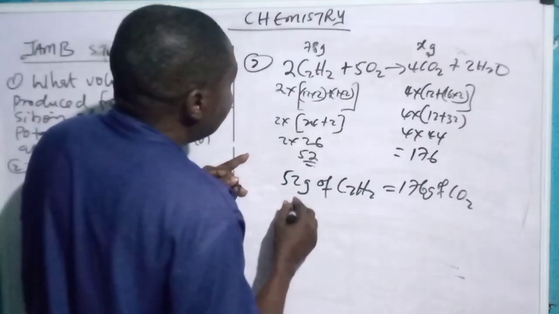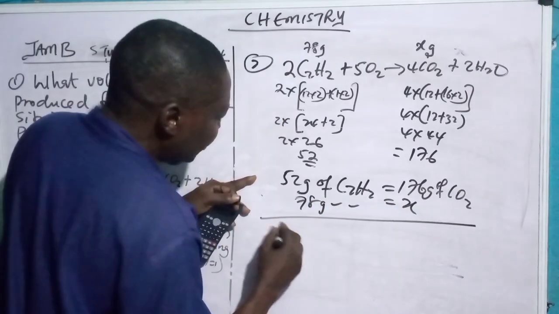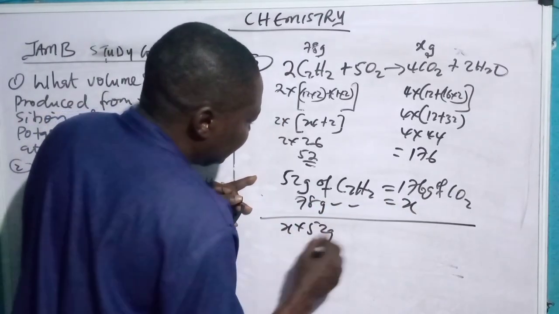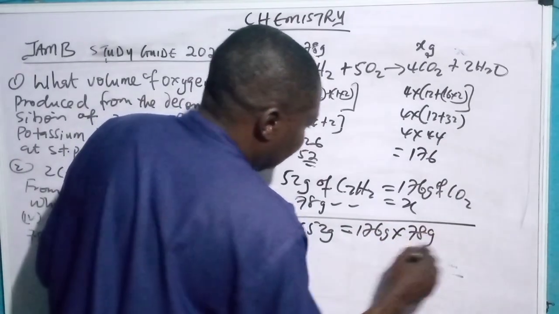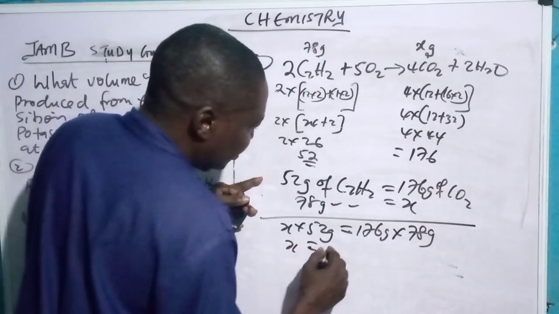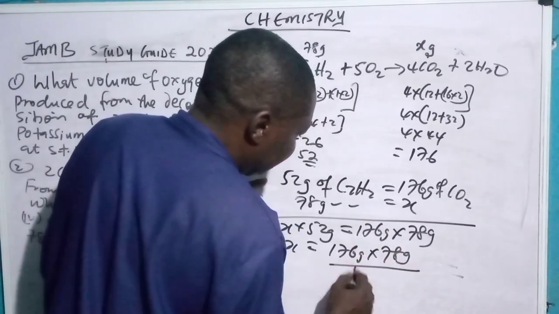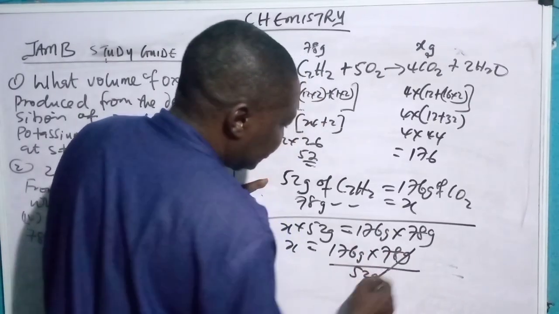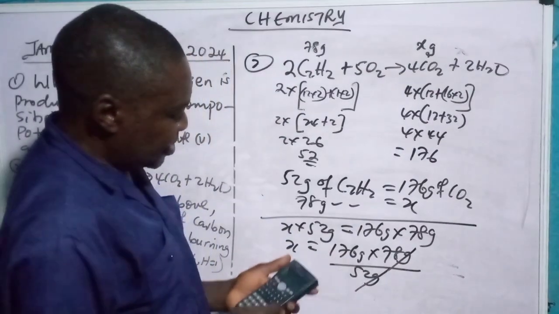So you have 78 grams of this equals x. x times 52 grams equals 176 grams times 78 grams. x equals 176 grams times 78 grams over 52 grams. Gram cancels gram. So you have 176 times 78.